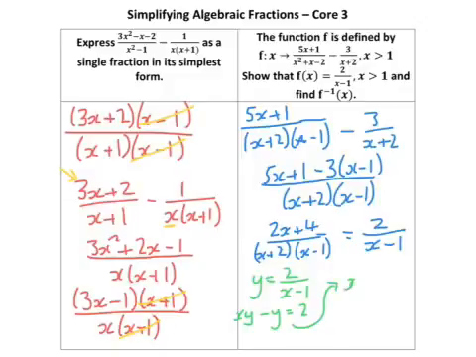So xy equals 2 plus y. So x equals 2 plus y over y, and then swap back in, so f to the minus 1 of x is going to be 2 plus x over x.